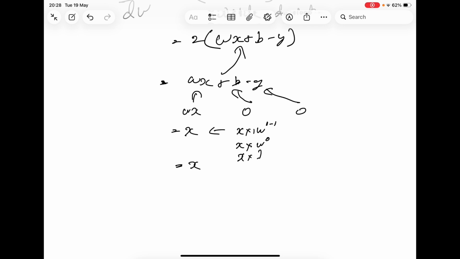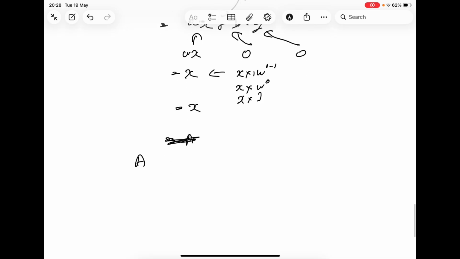So we add all three results: x plus 0 plus 0 equals x.